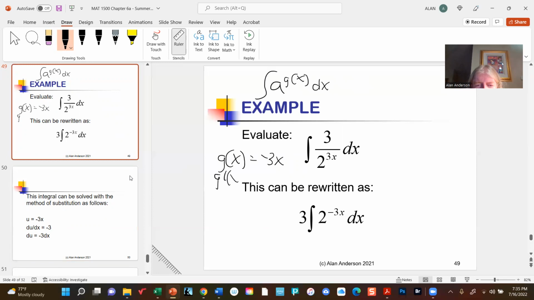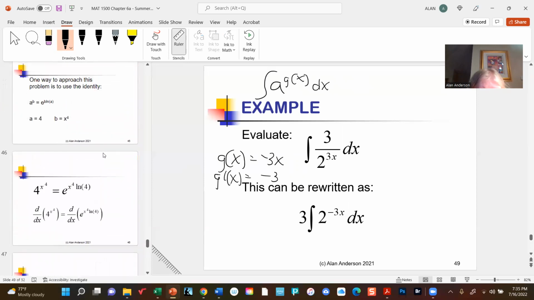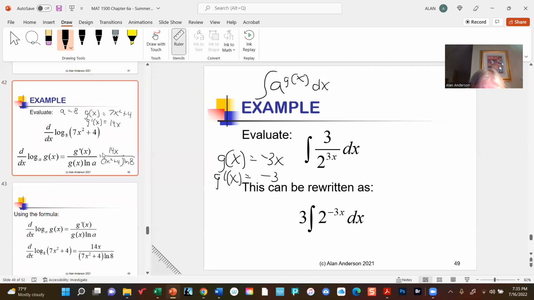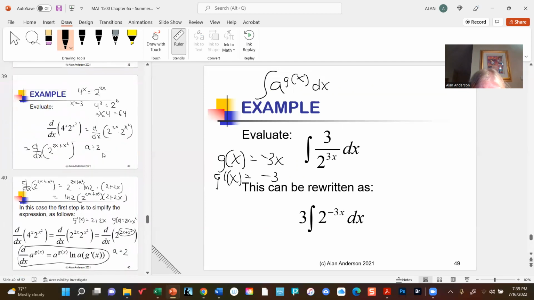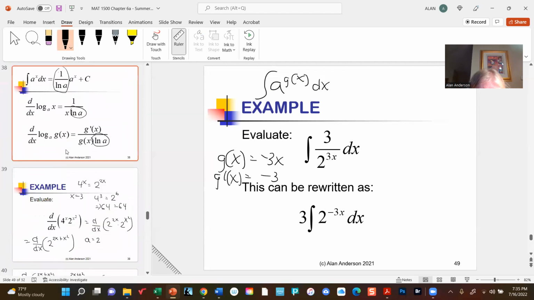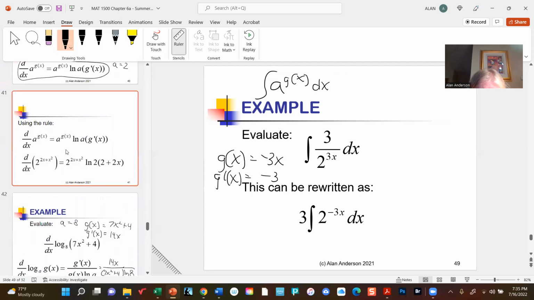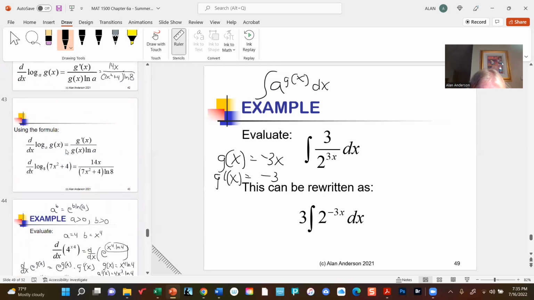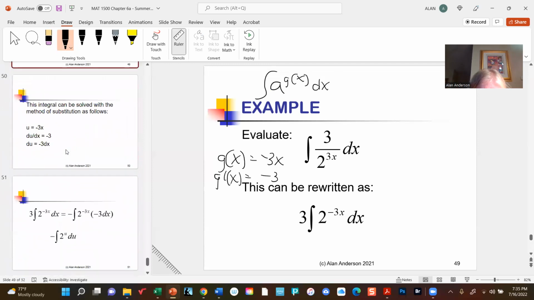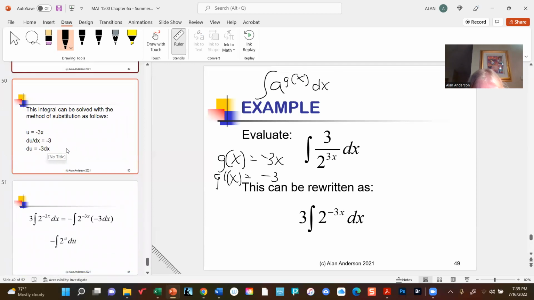And of course, g prime of x will simply be negative 3. So let's go grab that rule.